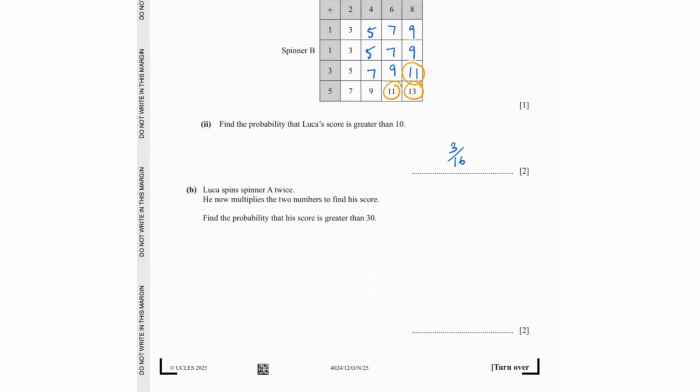Then Lucas spins spinner B twice. He now multiplies the two numbers to find his score. Find the probability that his score is greater than 30.